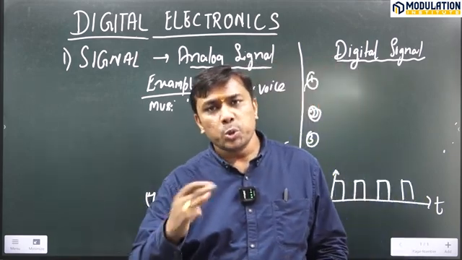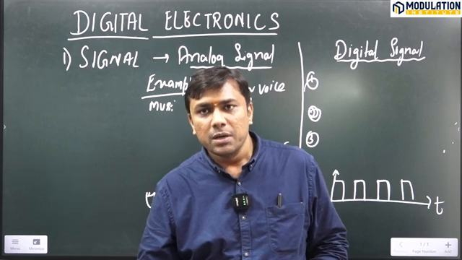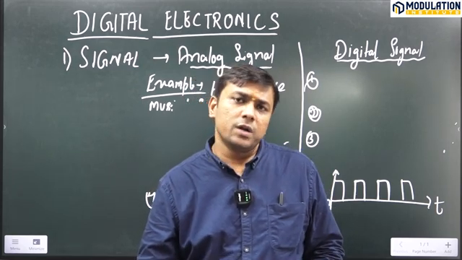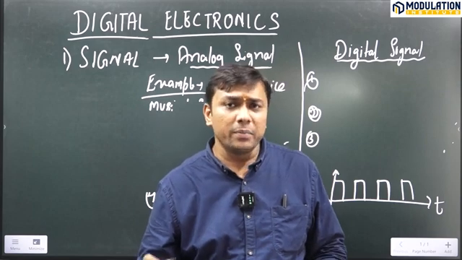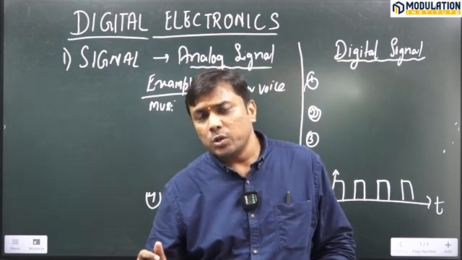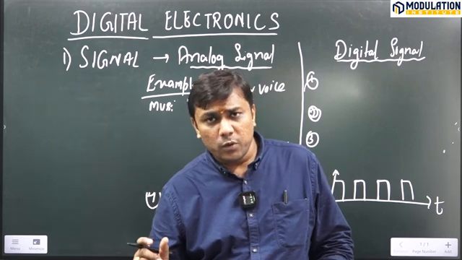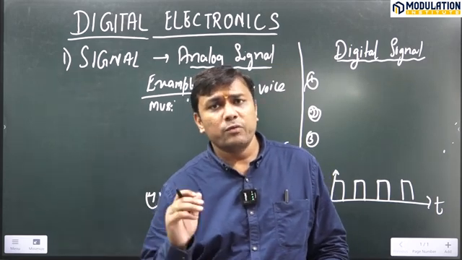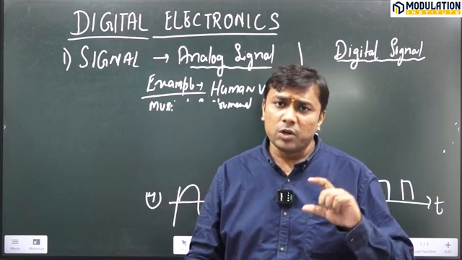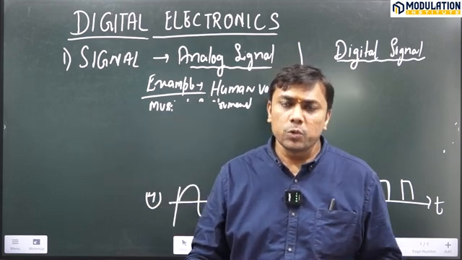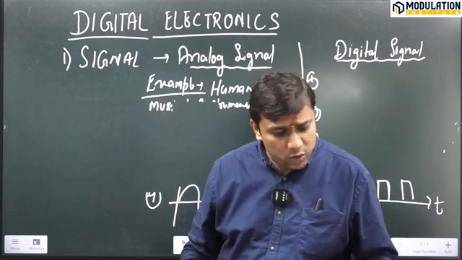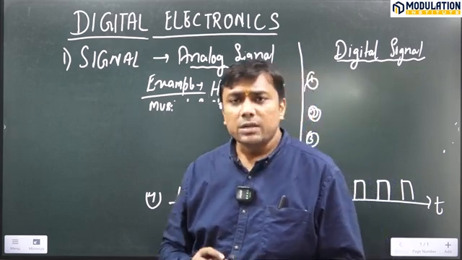So this type of question can be asked in your examinations, that write one of the applications of analog signal, or one of the applications of digital signals, or it may be given in the form of objective questions, where some applications will be given and you have to choose the best options, which are analog signals and which are digital signals. So the next topic we are going to move to is what is system, what is digital system and what is analog system.